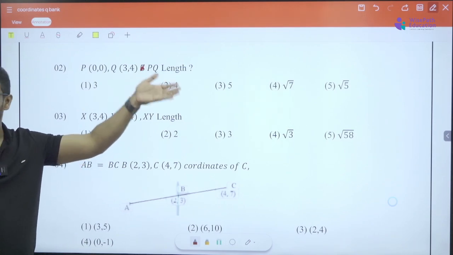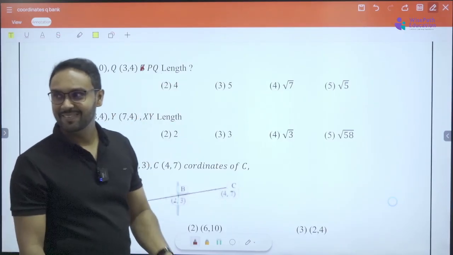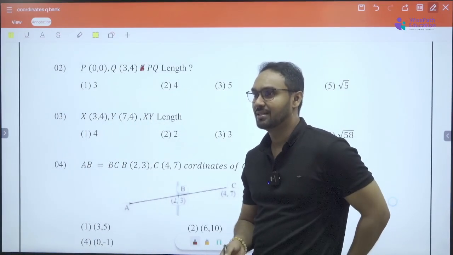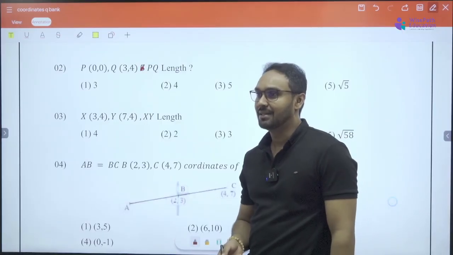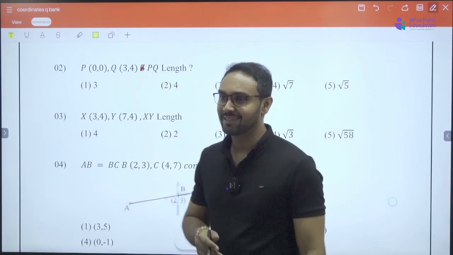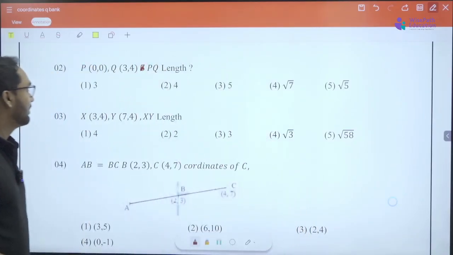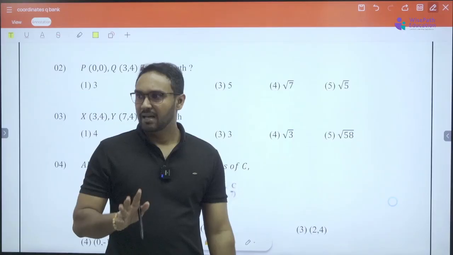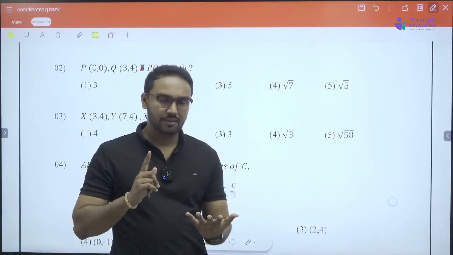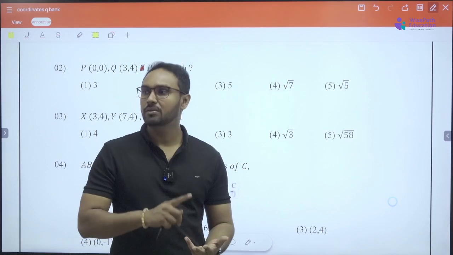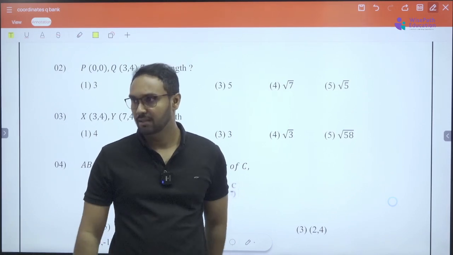The simplest Pythagoras triplet is 3, 4, 5. 3 squared is 9, 4 squared is 16, 16 plus 9 is 25, the root of 25 is 5. That is the simplest Pythagoras triplet. Now the other thing is, you will have to remember all the Pythagoras triplets. There are like 5 sets, and you have to know that all the multiples of those Pythagoras triplets are also Pythagoras triplets, right? That is the easy way.